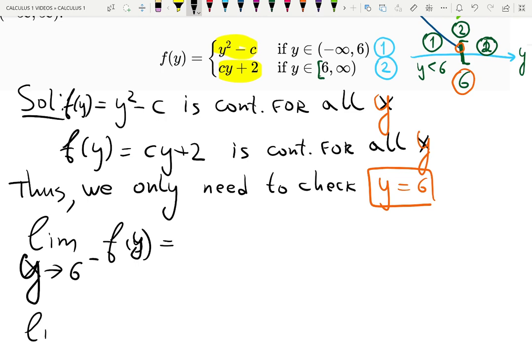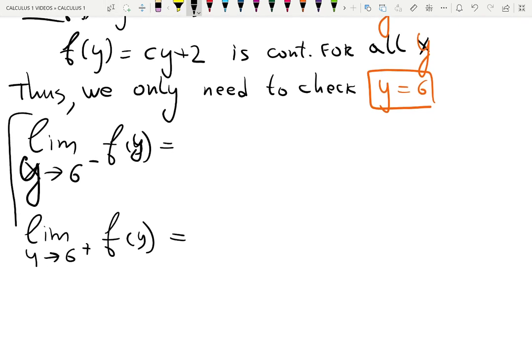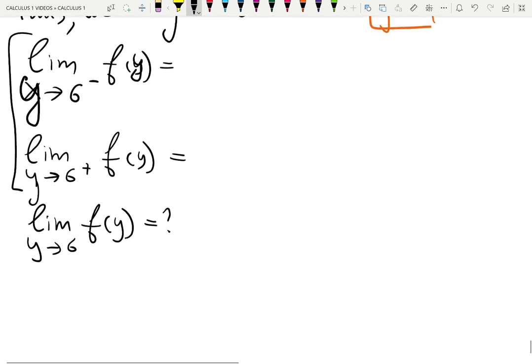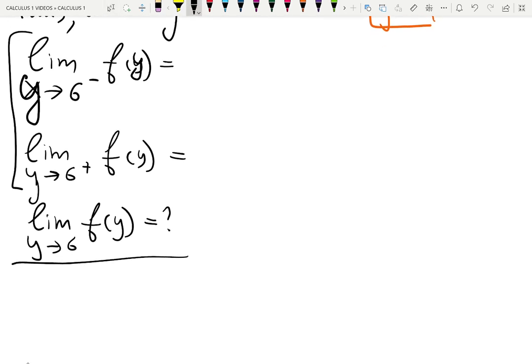Then, what is happening when y approaches 6 from the right? That will give us idea about the limit itself. If the limit at 6 exists, f of y, and then we also need to figure out what is happening at 6, which is going to be very helpful in a second.